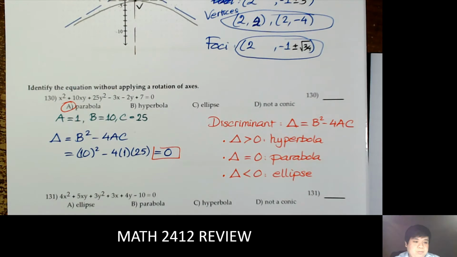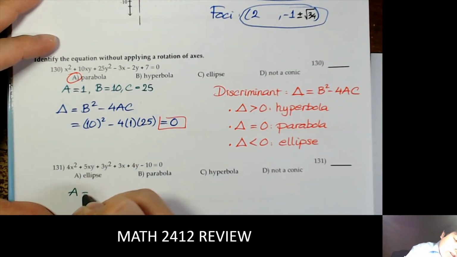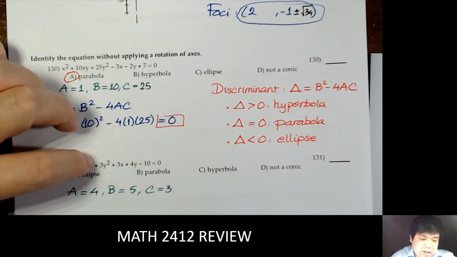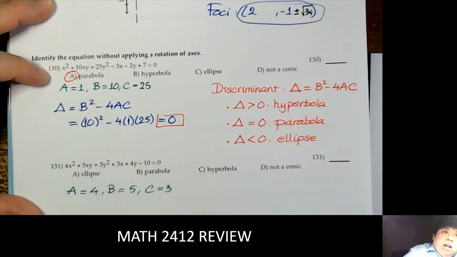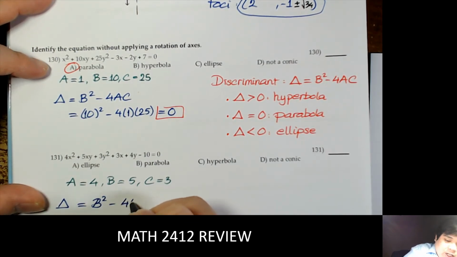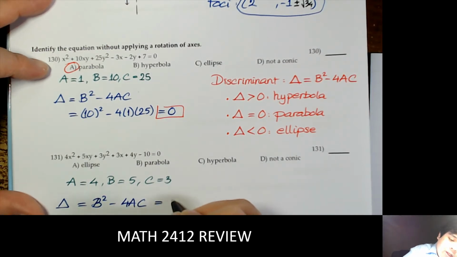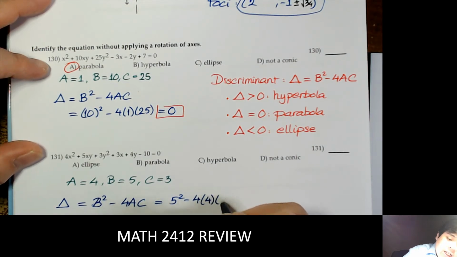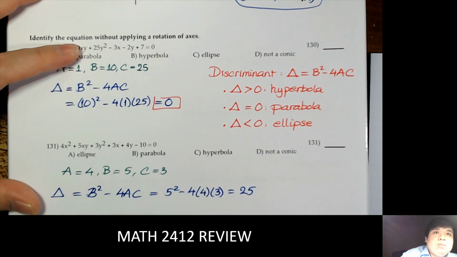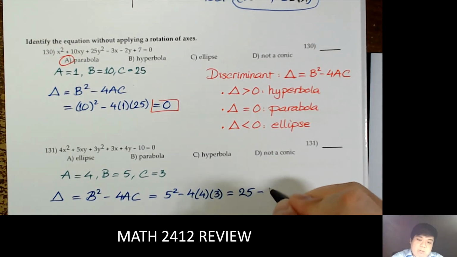Right, very straightforward. Next one we have A is 4, B is 5, and C is 3. Okay, A, B, and C. Then we find delta equal to B squared minus 4ac, 5 squared minus 4ac, 25 minus 48.